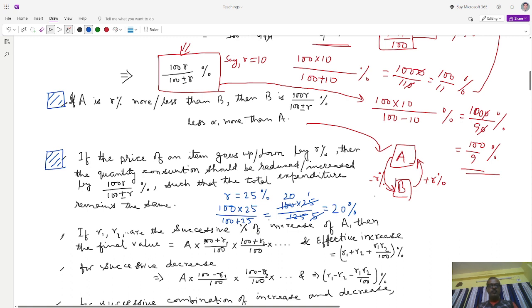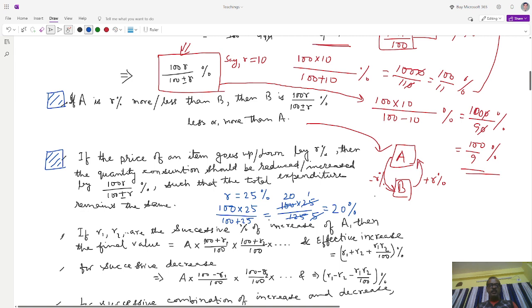This is an important question which comes frequently in examinations, in traditional examinations as well as competitive examinations, and we need not do calculation.